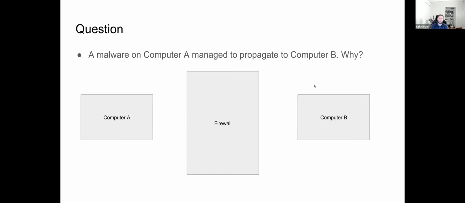In other words, there was some interconnectivity. Since this is a tabletop exercise, we can pretend it can be anything from Wi-Fi to Bluetooth, or maybe multiple network interfaces, and one of those IPs, maybe a VPN, bypassed the firewall.